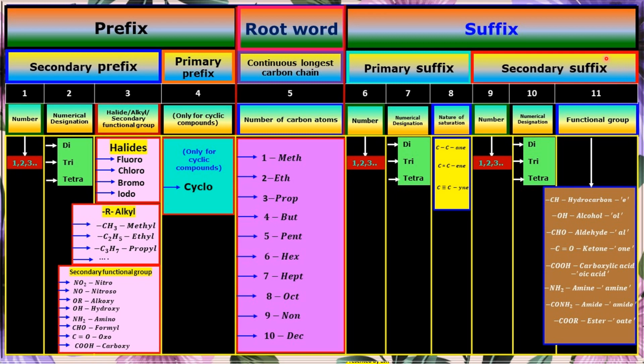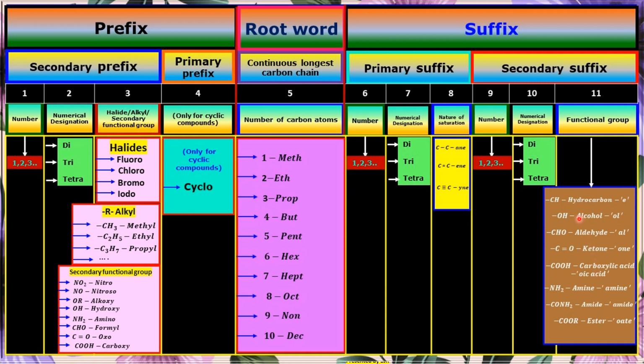And here are the secondary suffixes, same numbers and numerical designations repeat here. And this is the functional group, isn't it? So the functional group plays a more and more important role while giving the IUPAC name.